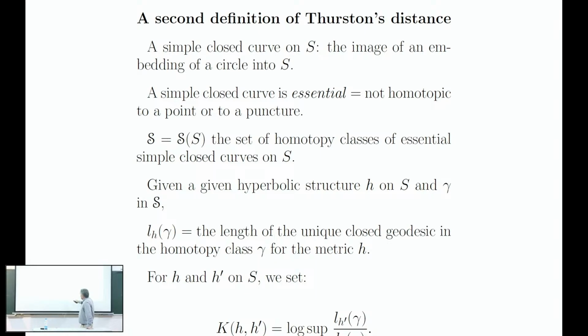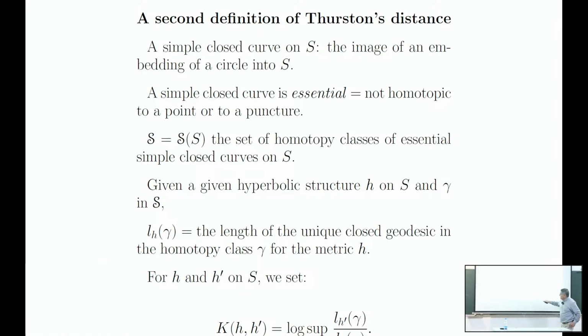And now, when you have a simple closed curve gamma, I explained the other time, and today also we talked about this, there is a unique closed geodesic in the homotopy class of gamma, right? And then I can consider its length.